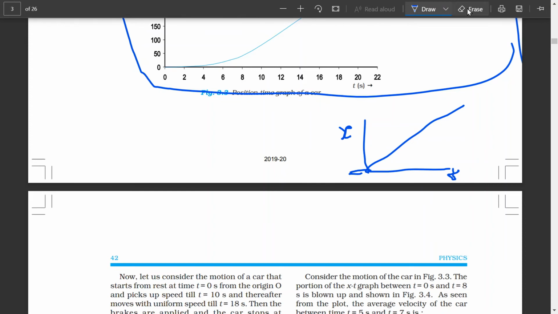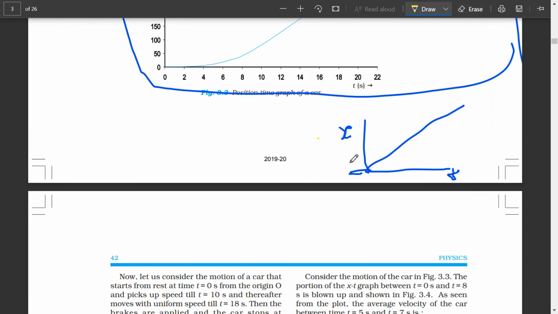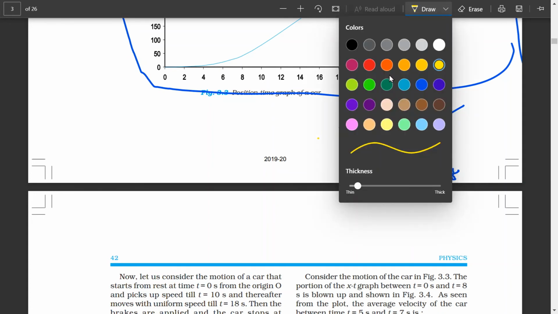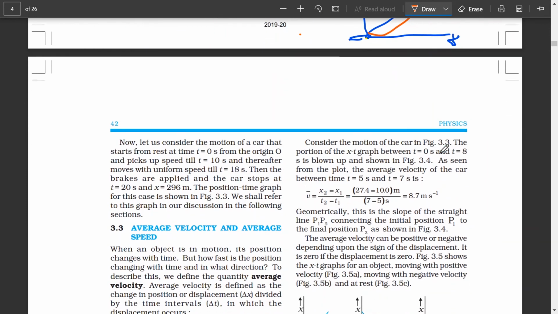But when the body is moving with some acceleration, uniform acceleration, then the graph will be going like this. It will be a kind of an exponential graph, right?